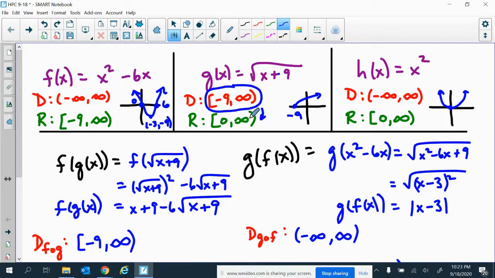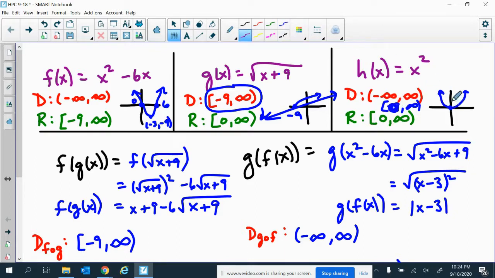If I look at the range, when I compare it to this domain, it restricts what's happening in my new domain. So my new domain has to be restricted to 0 to infinity.